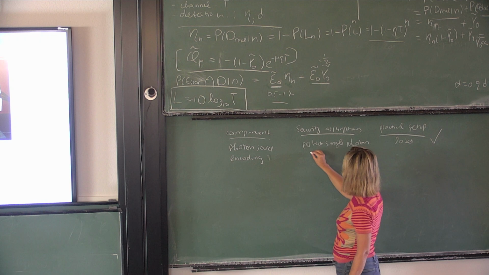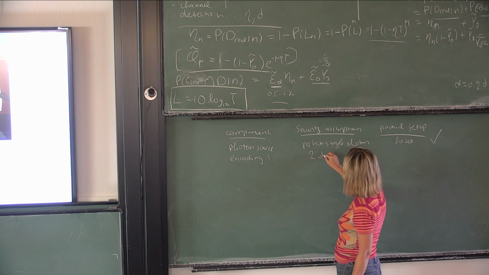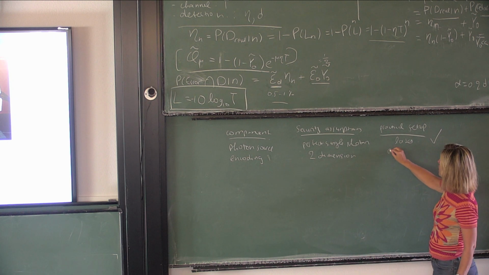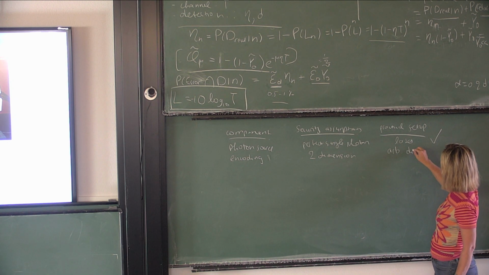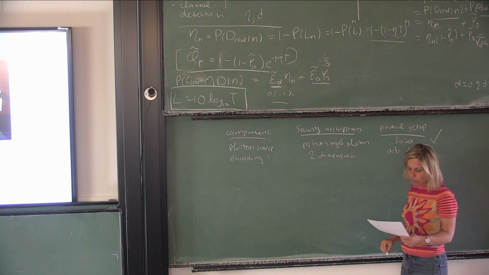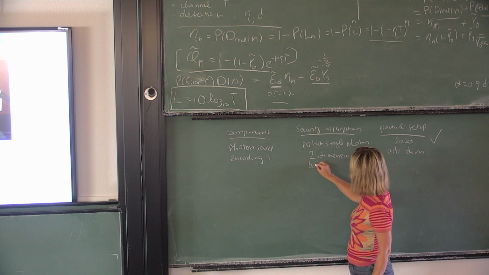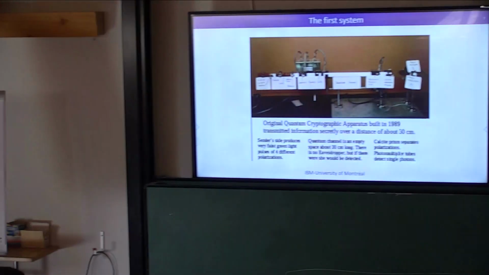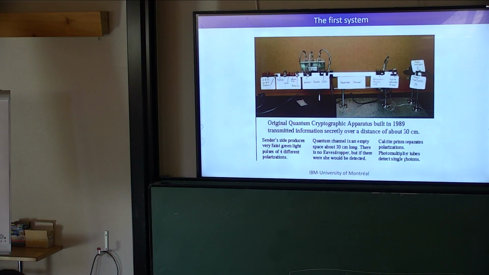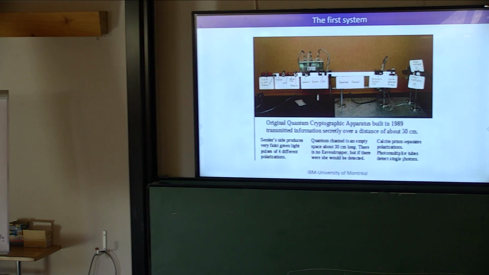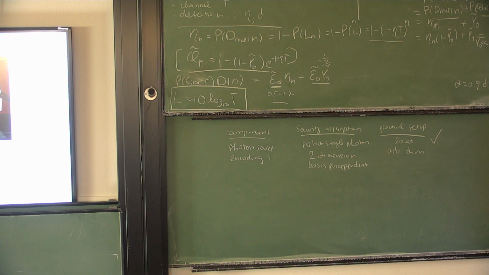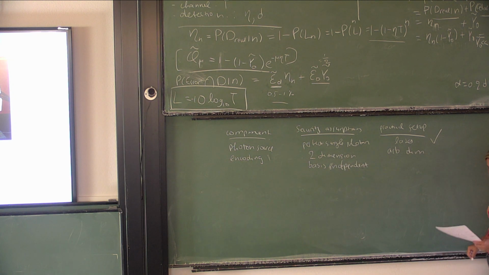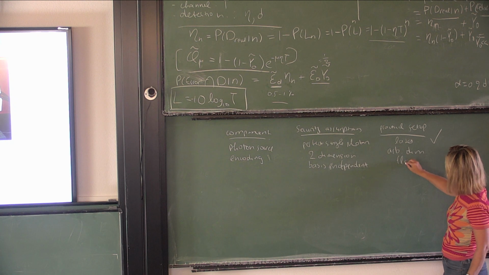The security assumption is that you have 2 dimensions for your qubit, while in practical setups you cannot certify this; you can have arbitrary dimension, okay? Or you can also have basis independence in how you encode the qubits in orthogonal modes of the electromagnetic field, while in practice this is not correct, and you have flaws in your source.